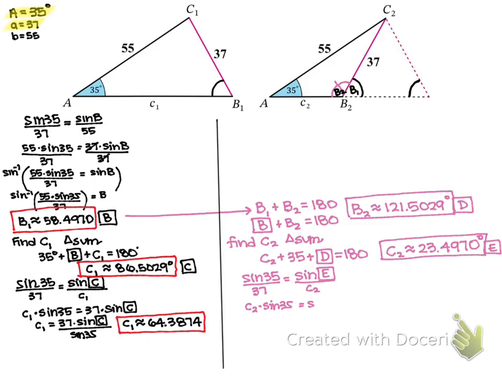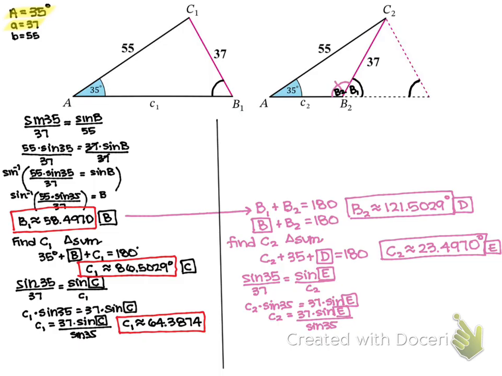Let's try that again. So c2 is 37 times sine of E all over sine 35.